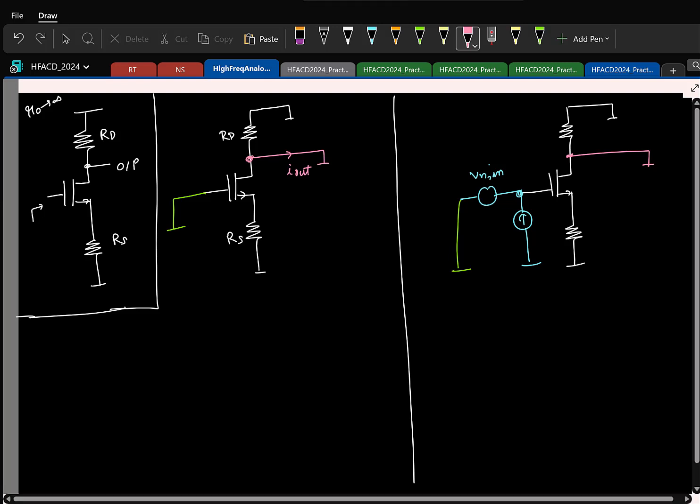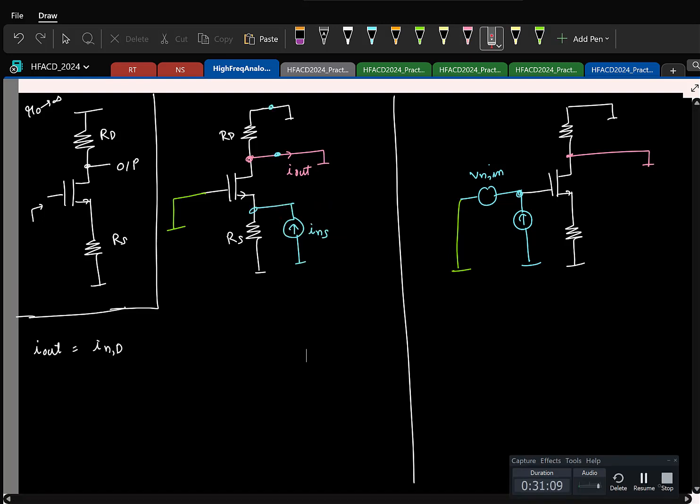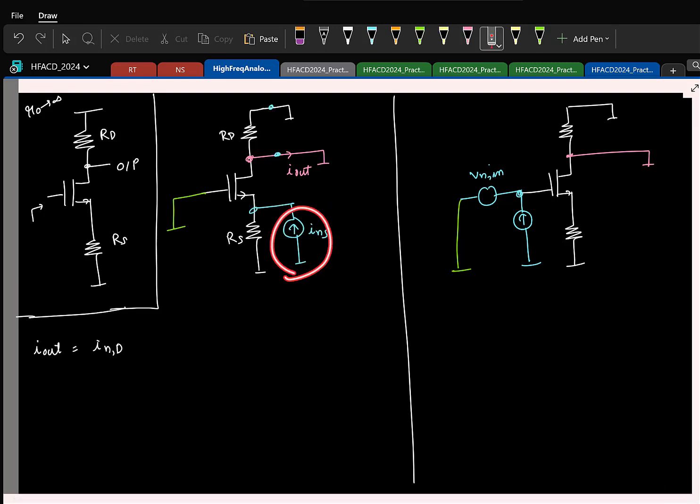I'll wait for some time. I'll pause maybe. Let me resume it. Due to INS. So now you have INS. This is getting pumped into this node. You are supposed to find the current flowing here. So what do? Current division. This gets divided between RS and whatever impedance is there looking up. Looking up, what is the resistance? 1 by GM.